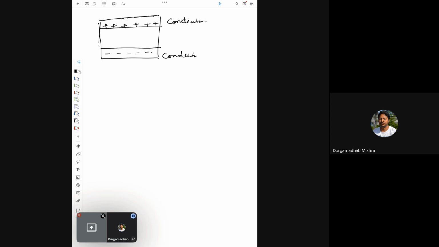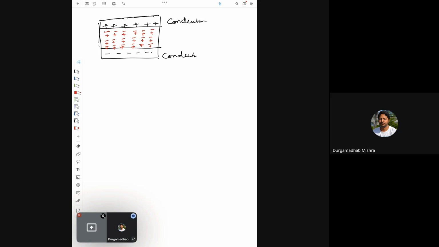So they will induce these charges like that. Okay. I'm drawing this because you should also do this in the exam. It will be asked to draw these things. So you'll be drawing this kind of situation if a capacitor with a dielectric is given.